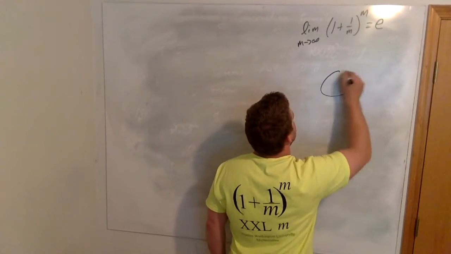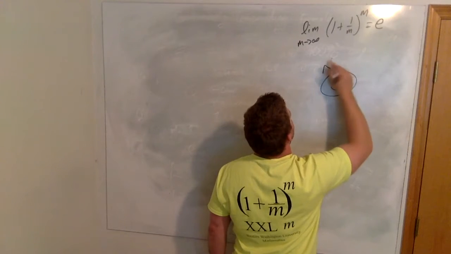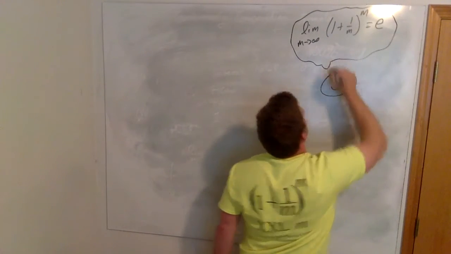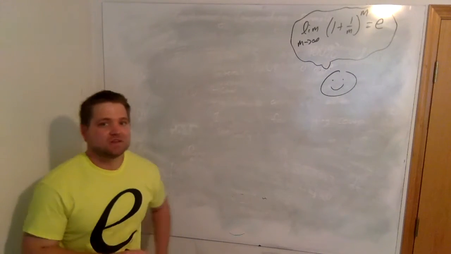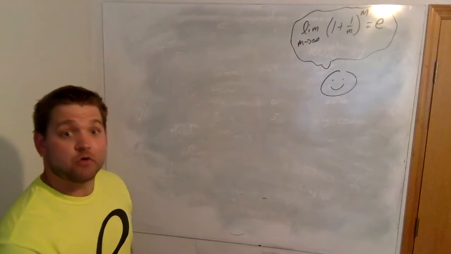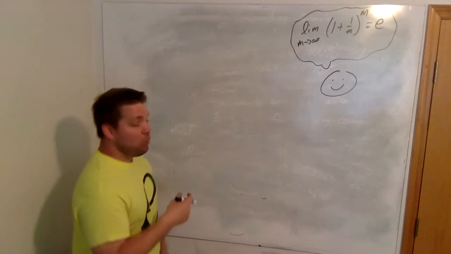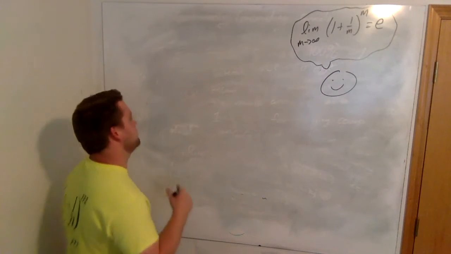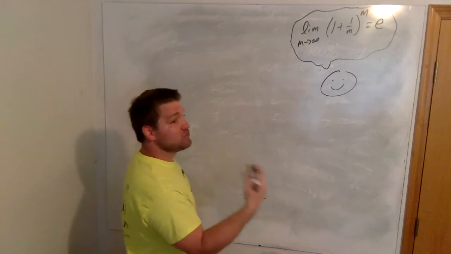So here we are, happy that we discovered such a beautiful number. We're going to hold on to it. Okay, so let's now derive the formula for compound interest. We're going to first take the formula for discretely compounding. So what do we do when we compound discretely?